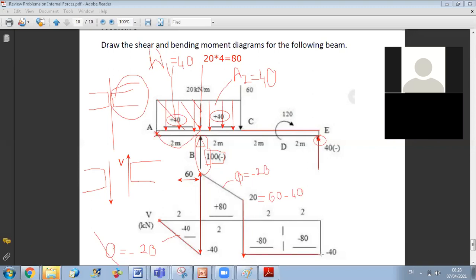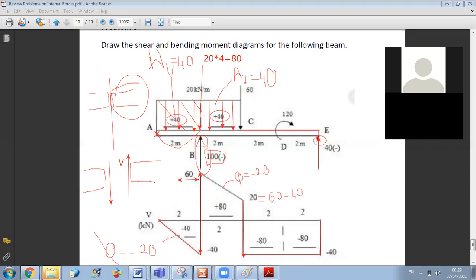And as a verification, I can see that at the end of my beam, the value of shear is the opposite of the reaction. The reaction at E is plus 40, and the value of shear just before E is minus 40. So just at E, minus 40 plus 40 gets me back to 0. Okay? So this is for the shear diagram.